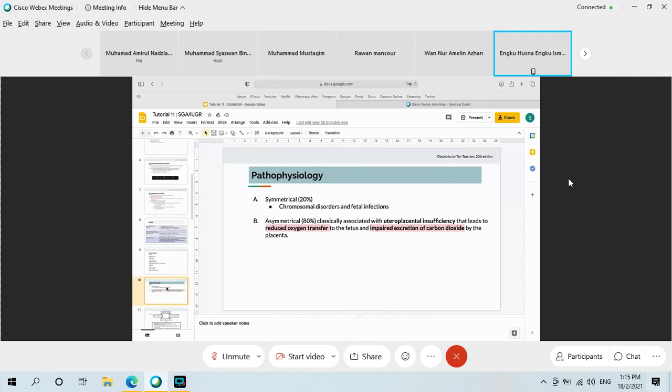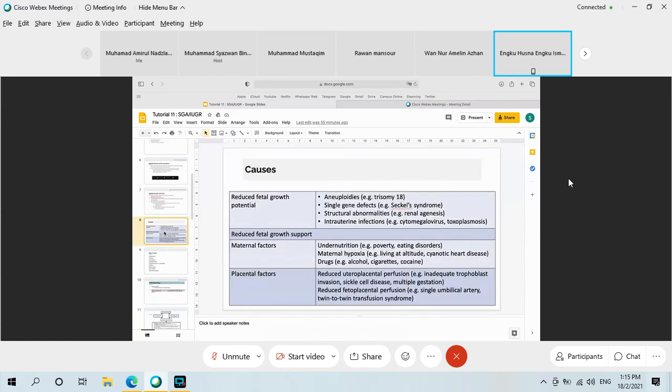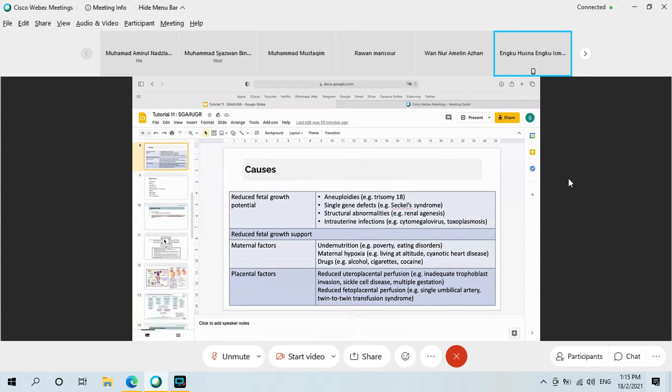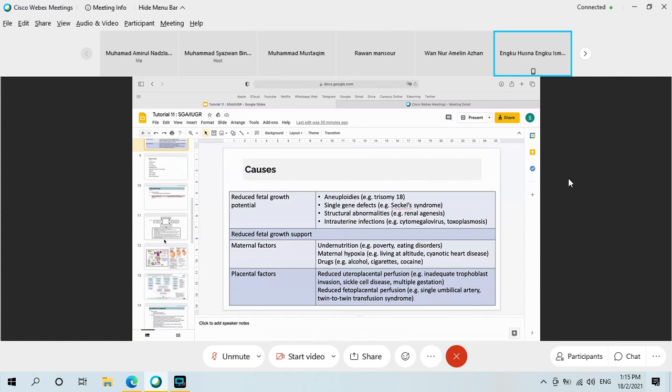In terms of a normal placenta with an FGR baby, you have to exclude, like your friend mentioned, the things that limit the growth potential of the babies, such as genetic aneuploidy, infection, TORCH, right? And the rest is symmetrical IUGR, and the rest of the babies have asymmetrical growth restriction because of maternal and placental factors.